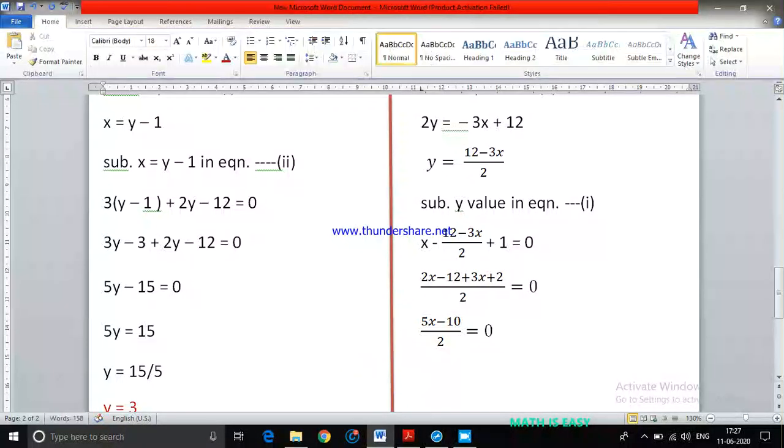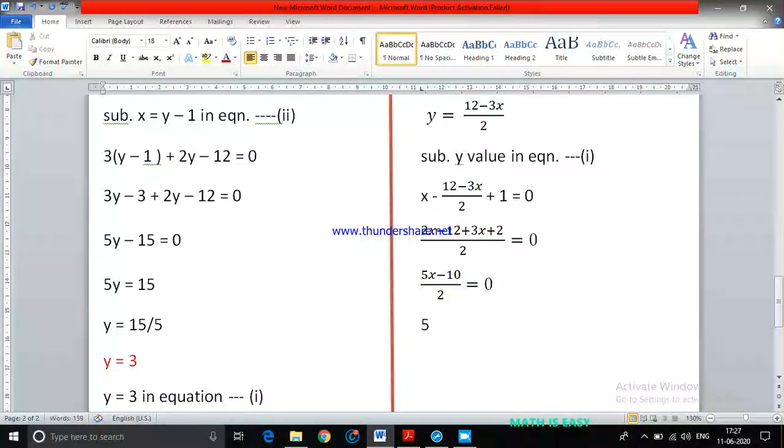So when I do the cross multiplication, this 2 will go to the multiplication of 0. 0 into 2 will be 0. So finally I'm left with 5x minus 10 equals to 0. If you want, you can put here one more step, 0 into 2, that will be equals to 0.